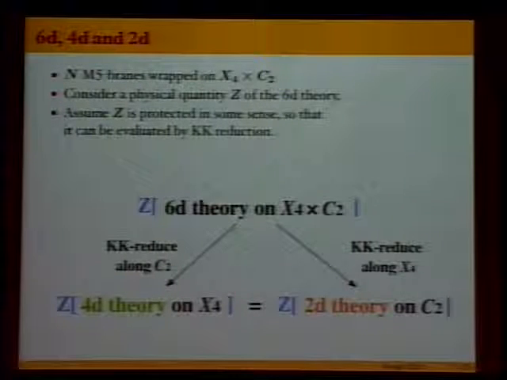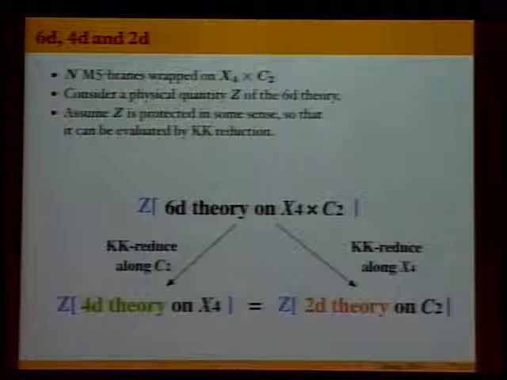So then if you think C2 to be very, very small, you can perform the Kaluza-Klein reduction to get some 4D theory on X4, and you need to calculate something here. On the other hand, if you think X4 to be very, very small, you reduce along this direction, and you get a 2D theory.